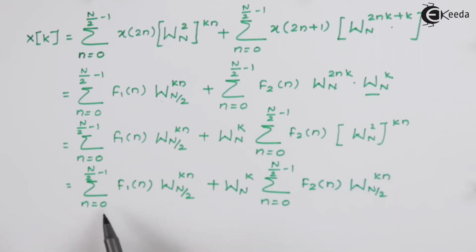Now we can say that our equation is present in the definition format. This is nothing but the definition of DFT when we have a sequence value up to n by 2. This one is also similar to the definition of DFT. So we can directly write this whole part is replaced by f1 of k, and this second part is replaced by f2 of k, and this f2 of k is multiplied with omega n to the power k.